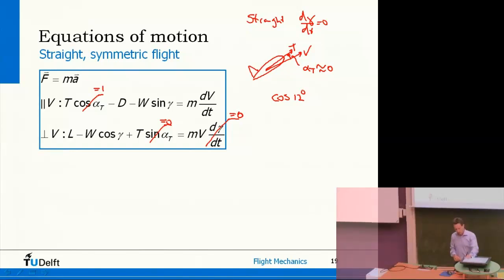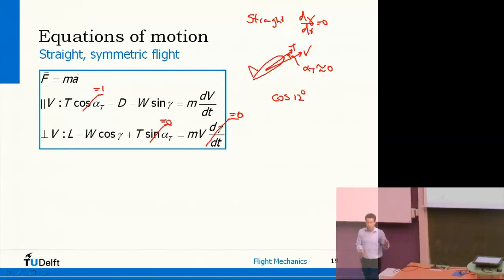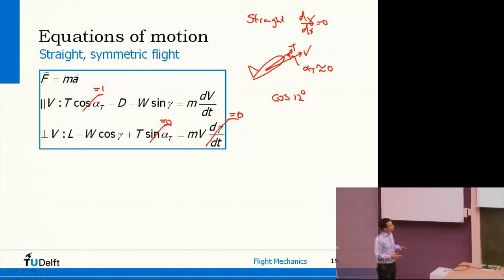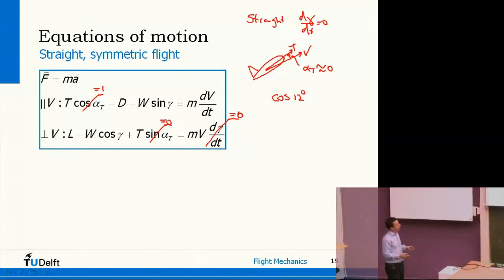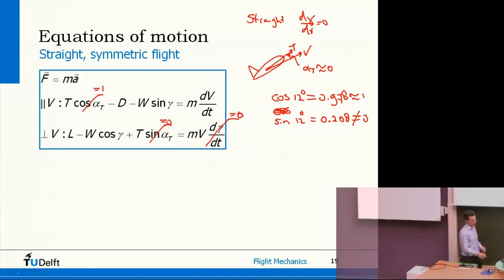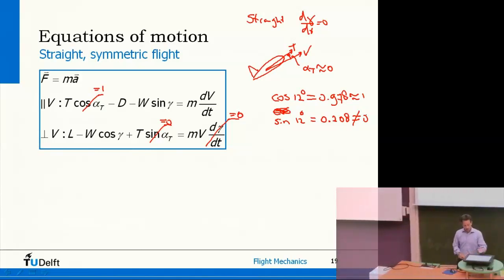So what I'm trying to show you here is that if you take the sine of a small angle, and small 10 degrees is still fairly small, then the sine is not equal to 0. However, the cosine is equal to 1. And since we're never exceeding 15 degrees or so, you can basically say, well, the cosine is more or less 1, and the sine is not equal to 0, I should say.